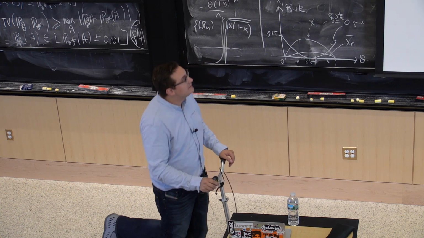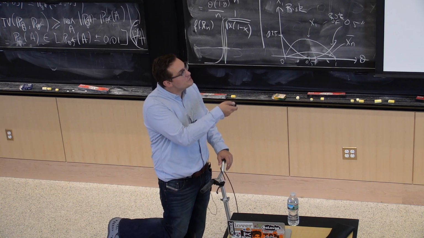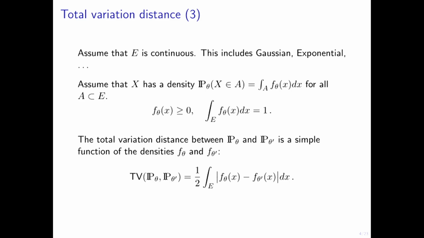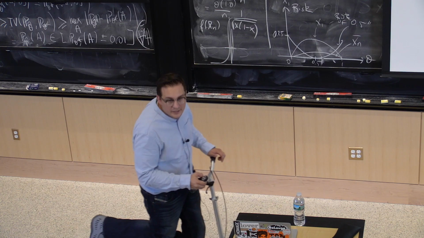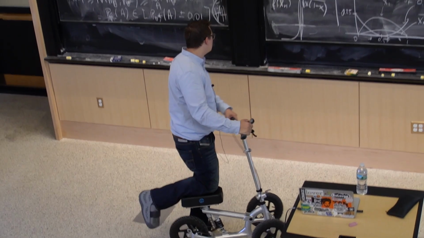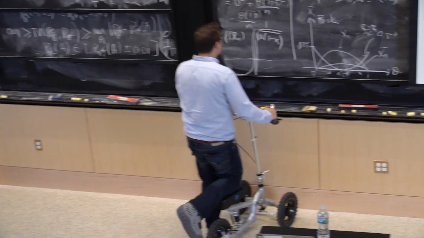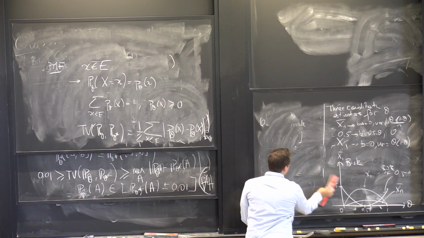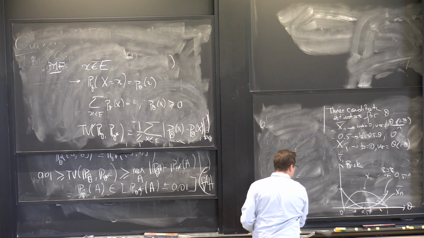OK, so the density, remember, the way I use my density is when I want to compute the probability of belonging to some event A, the probability that x falls into some subset of the real line A, is simply the integral of the density on this set. All right, that's the famous area under the curve thing. So I hope you remember that stuff.